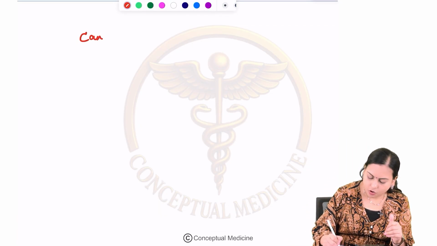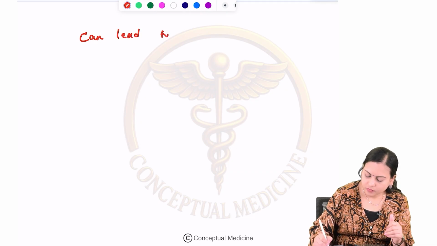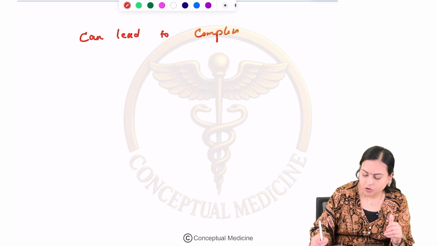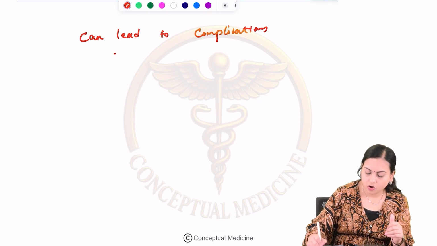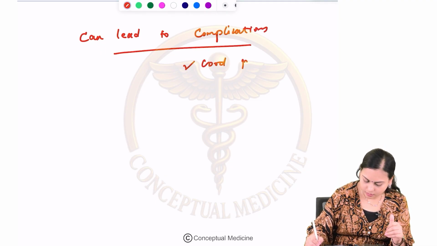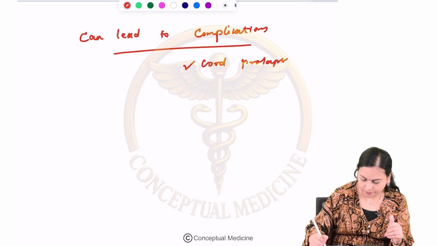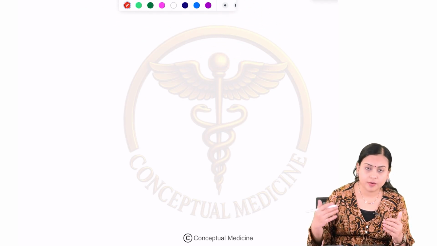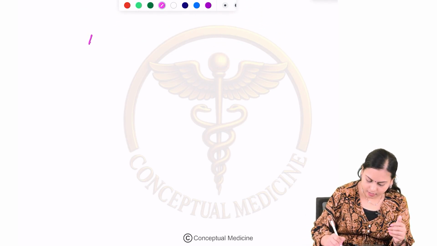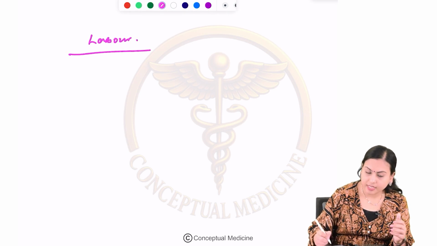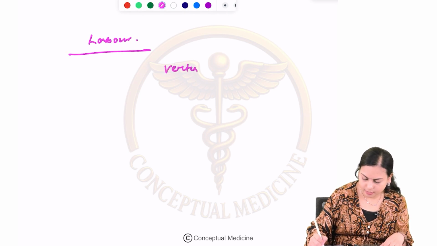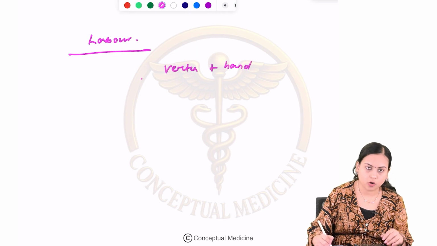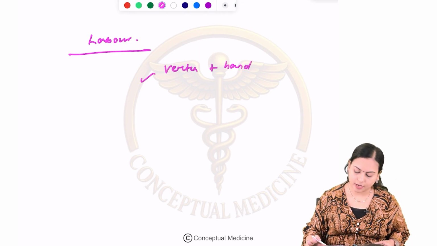So it can lead to complications like cord prolapse or asphyxia. Diagnosis is usually made by vaginal examination, and during labor, as I have already told you, vertex and hand is the most common combination of compound presentation.